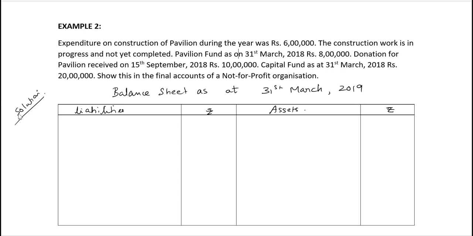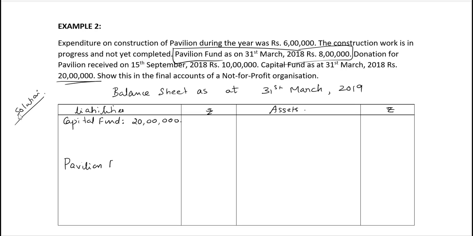We'll begin by writing the amount of the opening capital fund. It's given here that the capital fund as on 31st March 2018, that is the beginning of the accounting period, is 20 lakh rupees. It says here the pavilion fund at the beginning of the year is 8 lakh. So that also we will write on the liability side.